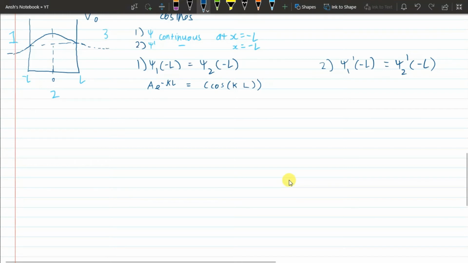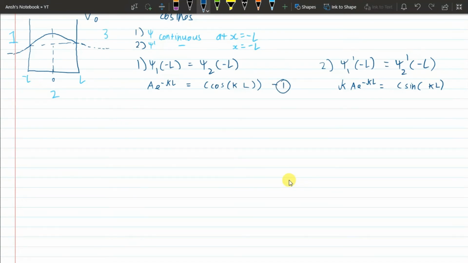So what you have to do is differentiate psi 1 and psi 2 with respect to x, and substitute x equals minus L. What we finally get is kappa a e raised to minus kappa L is equal to minus c k sine of minus kL. And again, sine is odd in nature, so the minus sign will come out, and the two minus signs make a plus sign. So we'll remove the minus signs, and this is what we're left with.